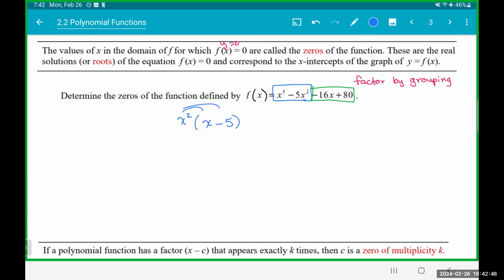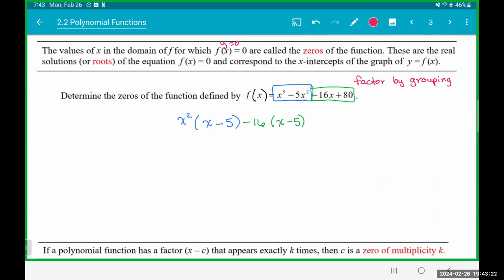If I distribute this, I get right back to the original portion in the box. Now let's do the same for negative 16x plus 80. Let's factor a negative 16 out of that. If I take negative 16 out of negative 16x, I'm left with just an x. If I factor a negative 16 out of 80, I'm left with negative 5.